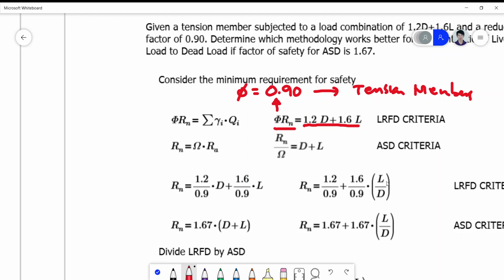Okay, so that's how it works, as on probability. And for your Rn in the ASD criteria, we simply multiply omega, which is the factor of safety. This is now your 1.67, your factor of safety for ASD on tension members. Okay.